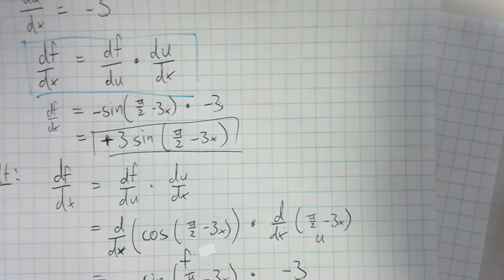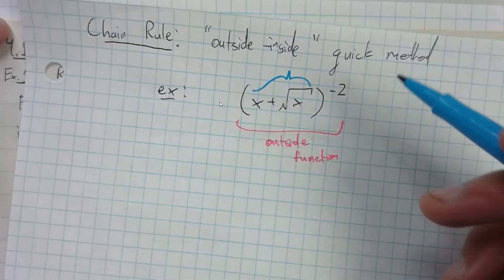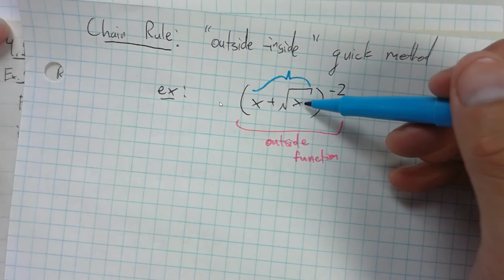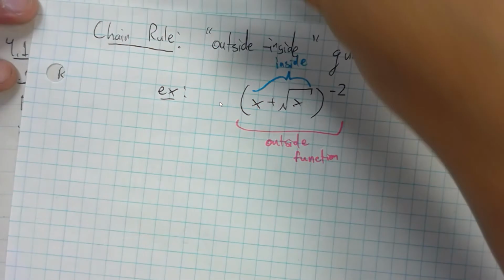This one, you skip all those steps, and you have to be able to define what my u would be. So this is what they call the inside function and the outside.